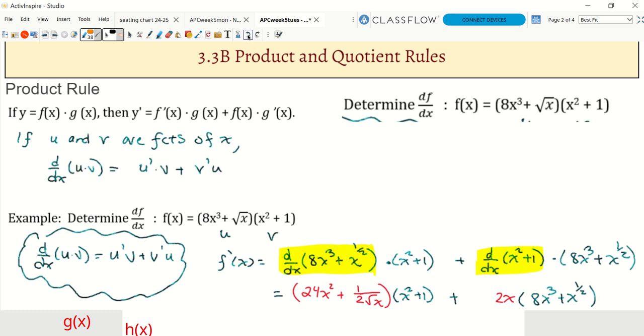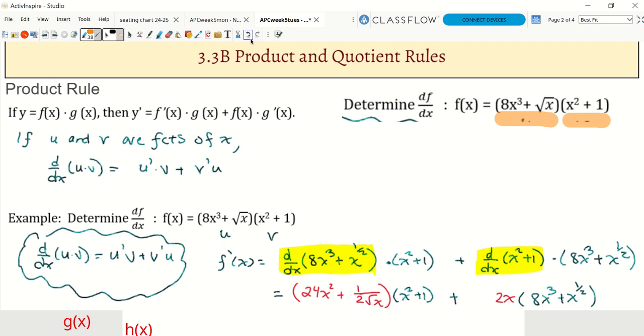So let me say that, well, no, you can just rewind it if you want me to say it one more time. So now you can think of this as f of x is comprised of two mini functions, the mini function g of x times the mini function h of x, or the mini function of u times the mini function of v.